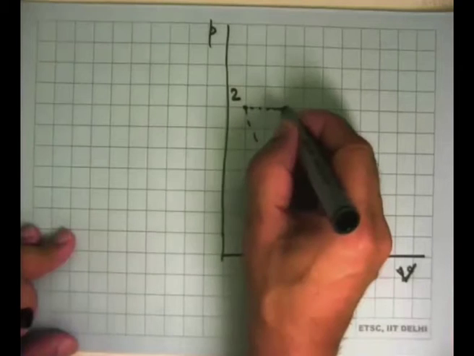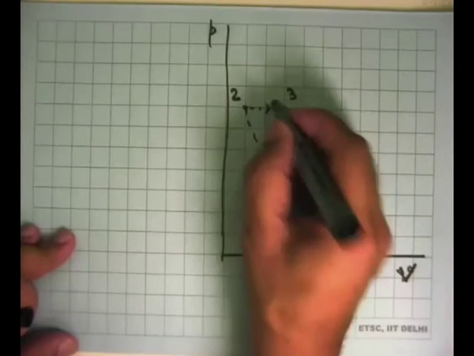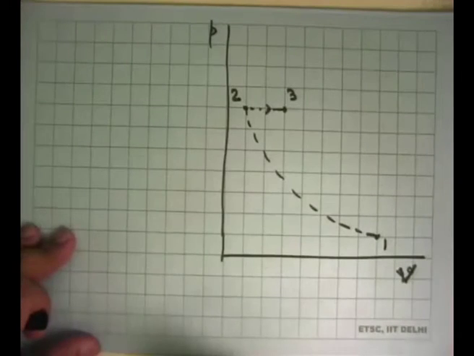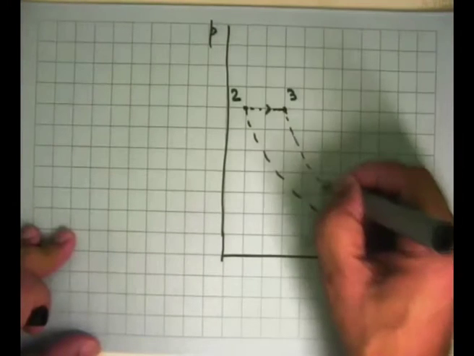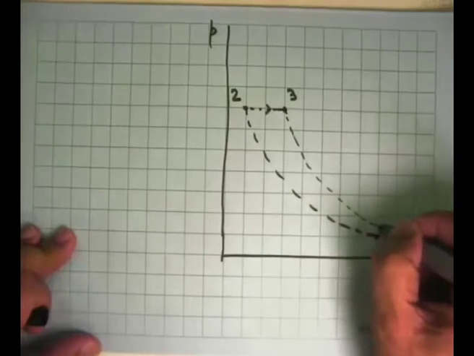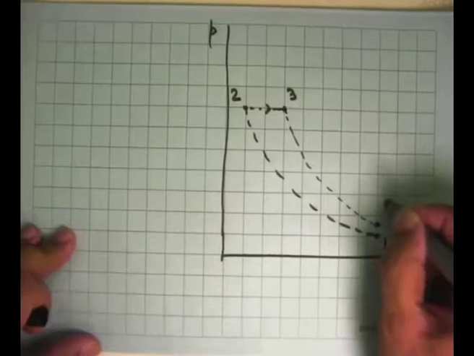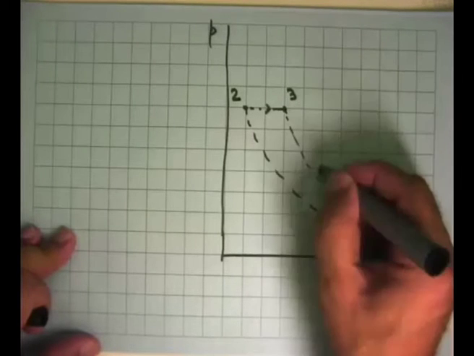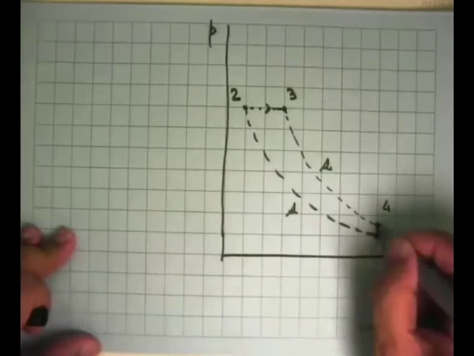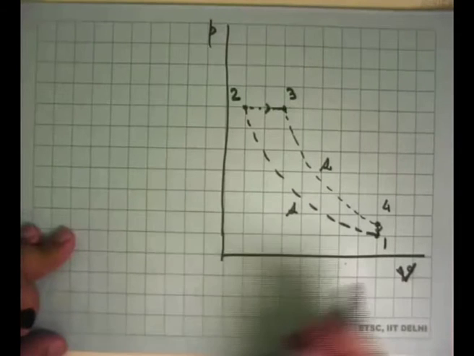So it goes there, and this is heat addition at constant pressure, Q3. After that, we have exactly the same story. Expansion, which is isentropic, and then a constant volume cooling.